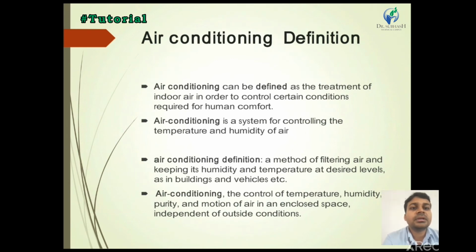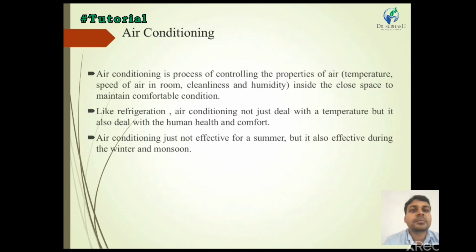Human comfort requires 26 to 27 degrees of temperature, which is better for human comfort. Next, it cleans or purifies the air. Secondarily, humidity control is also available in an air conditioning system, and it keeps clean air in the room.